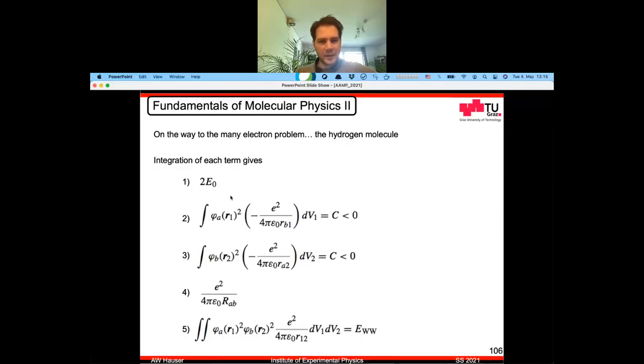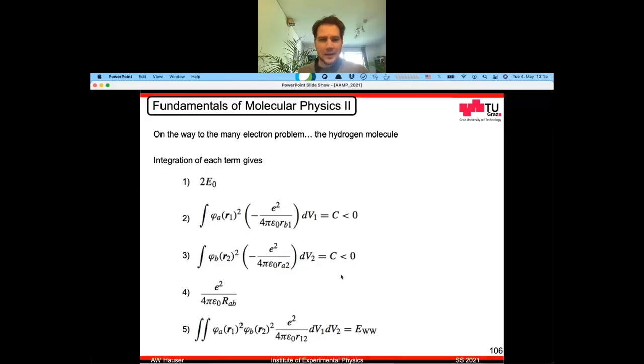Then we have an integral of this type: we integrate over the first electron coordinate and have phi A squared times 1 over R B1. So the first electron is sitting in orbital A, and we have this interaction with the other nucleus at B. This is a contribution we call C. It is identical, due to symmetry, for electron 2, which stems from atom B, interacting with the nucleus of atom A. This is also C, so this is just some constant.